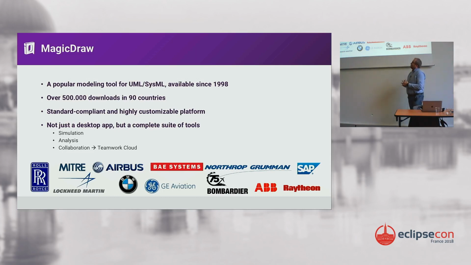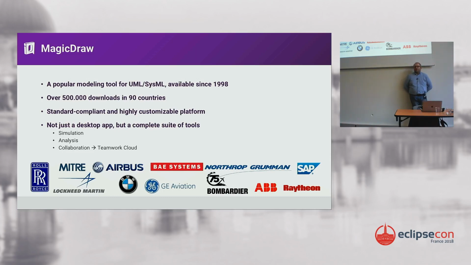What's very important to note is that nowadays, especially, this tool suite is not just a modeling tool anymore, so not just a plain desktop application, but actually an entire suite of technologies that provide solutions for not only authoring models, but also running simulations on them or analytics tools on them.